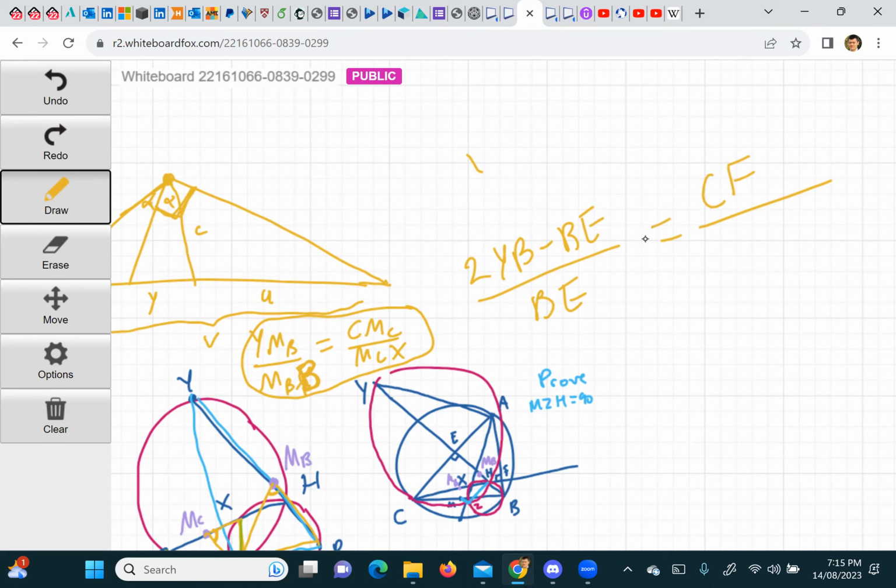CX minus MCC, so it's 2CX minus 2MCC, which is just CF again.